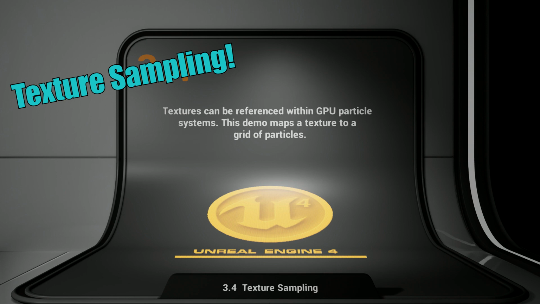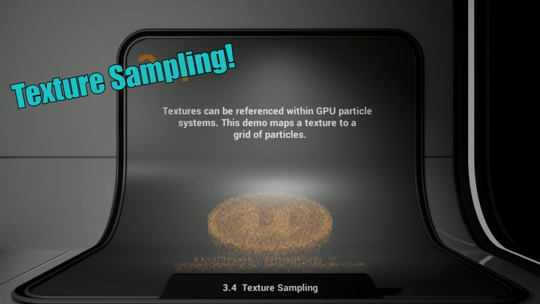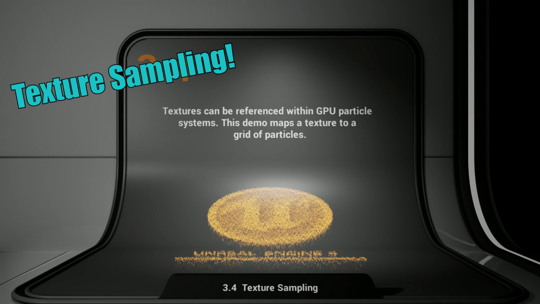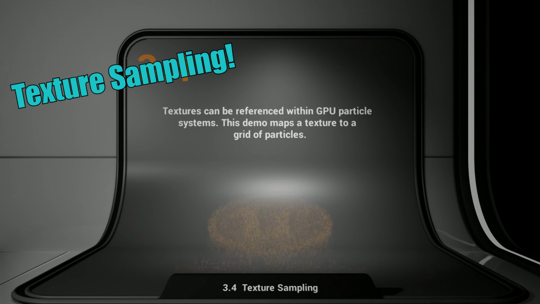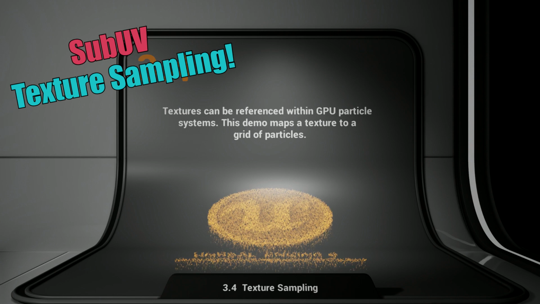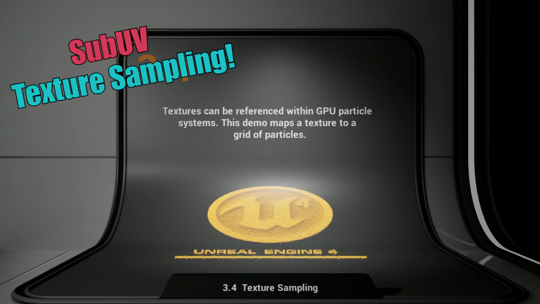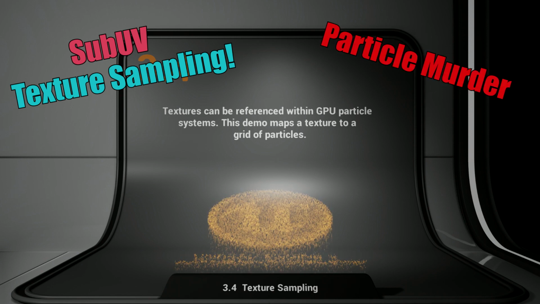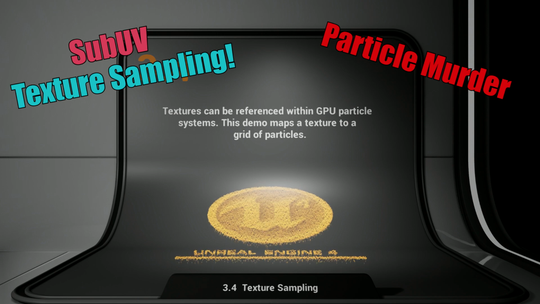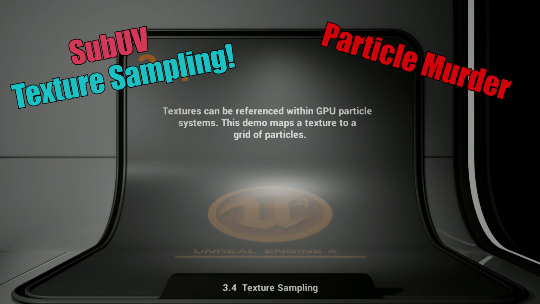And if you watch the Epic live stream recently about this content example, or about Niagara, they mentioned the possibility of doing this with flipbooks or sprite sheets, so where you could have an animated texture that you're sampling, as well as doing some things to optimize it a little bit more, like killing particles that are sampling 0 alpha or black color, so that you won't have as many particles and it'll be a little bit more efficient.